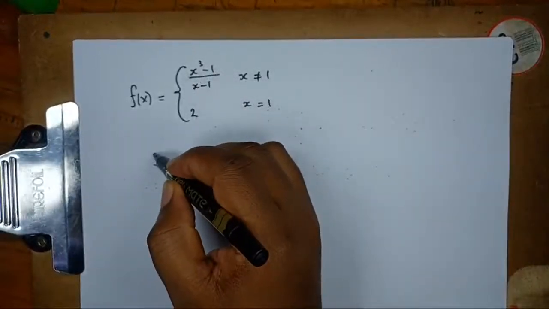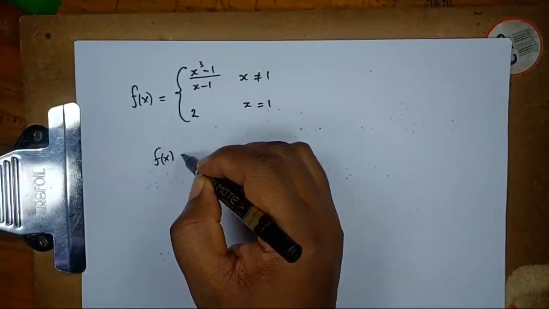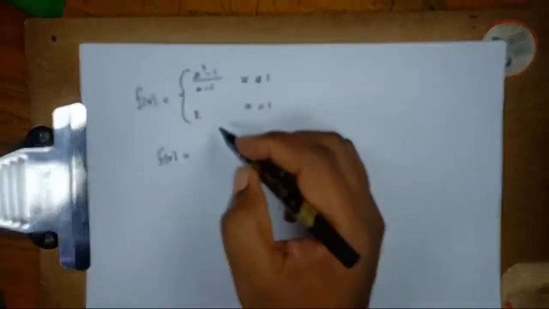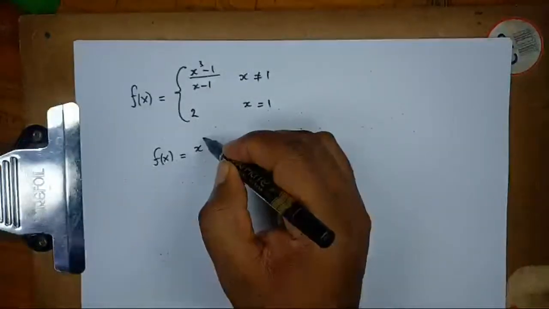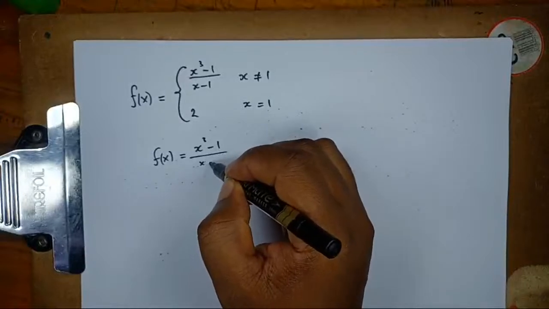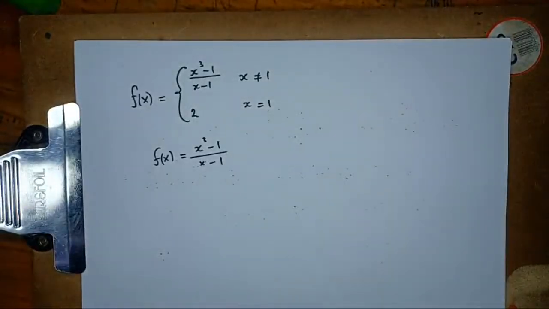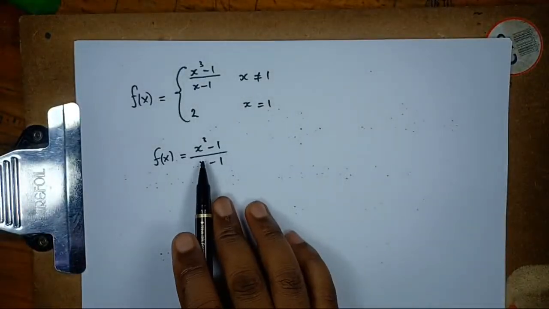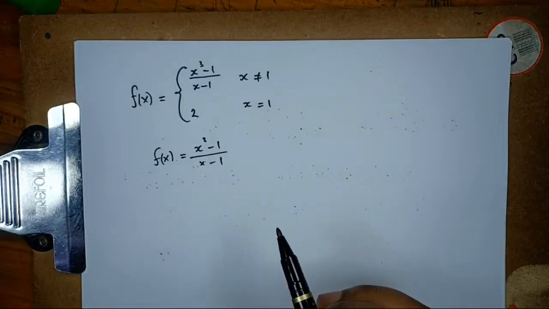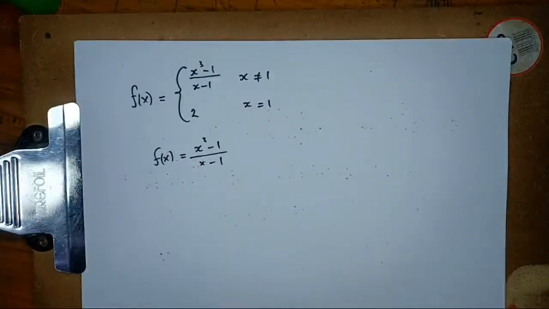The function will be f of x is equal to x cubed minus 1 over x minus 1. That's what we have. So to find the limits in this case, as it approaches the value that we're looking for, remember, we were told that we were testing if it's continuous at 1.